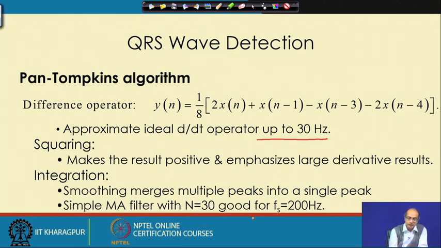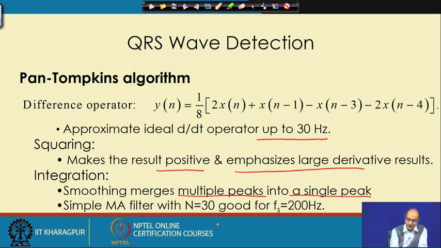And when we pass it through, the high frequency terms will be emphasized, followed by the squaring operation, which will help us to make it positive and emphasize the large derivatives. And following the squaring operation, there would be an integration block, which will help in smoothing, and multiple peaks will actually merge into a single peak.